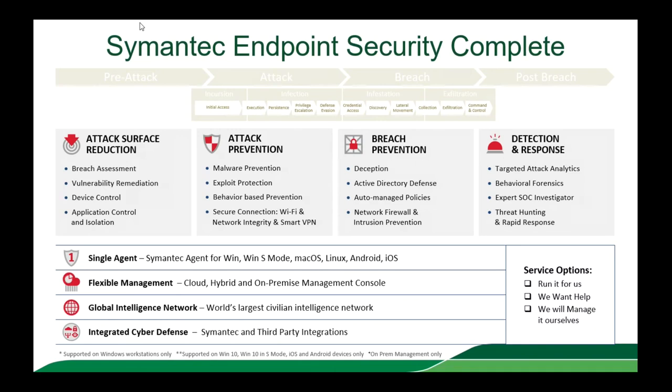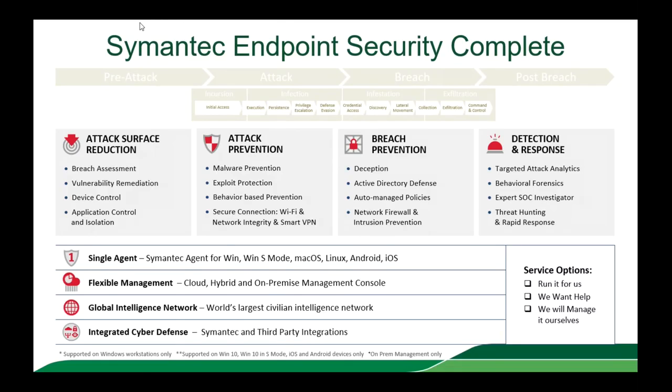Then you have what we call breach prevention, whereby, for example, you have deception. Deception is whereby, on your machine, if there is a file that we suspect to be malicious, we do not let it run on the actual machine. It actually runs on the machine, but we isolate it in a small sandbox-like environment inside your machine, whereby we now monitor that file.